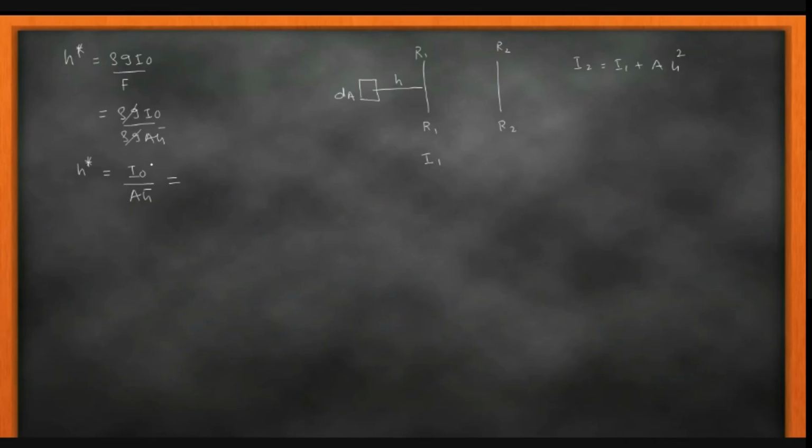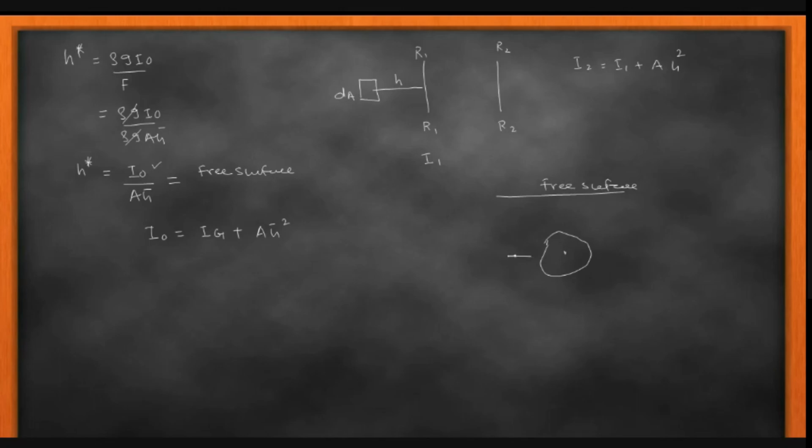because we cannot calculate I naught every time, as it is taken with the free surface as a reference. So we need to convert this moment of inertia about the free surface to the moment of inertia about the CG point. So we know that I naught equals IG, the center of gravity, plus A H cut square. Let's say this is a free surface, this is my area and this is CG.